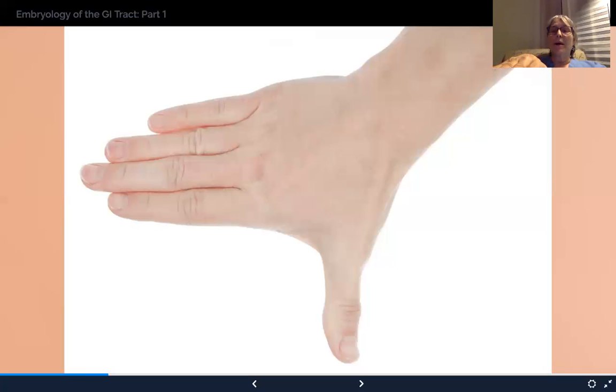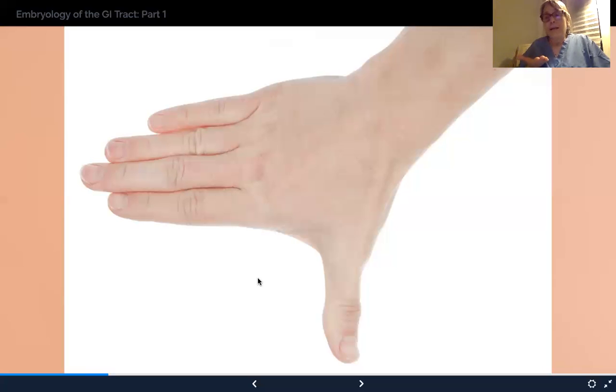And then for the bowel to come back into the abdomen, flip your hand so that your palm is pointing up, and your thumb is now to the right as it's coming back in. Let me see if I can give you a little better view here. So in this Tai Chi move, you go out of the abdomen, 90 degree rotation, thumbs to the left, back into the abdomen, another 180 degrees to the right.